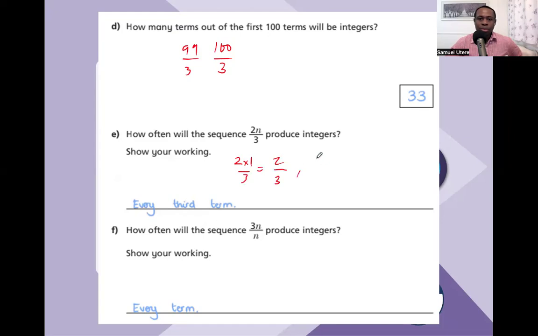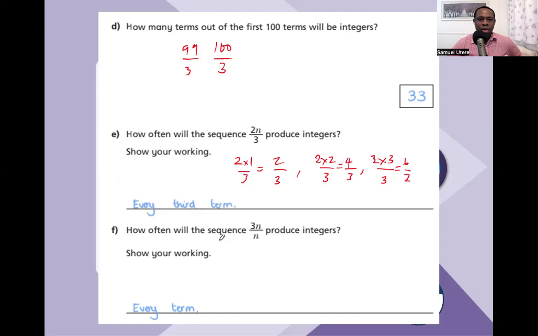The second one will be 2 times 2 divided by 3, which is 4 over 3. And the next one will be 2 times 3 divided by 3, which is 6 over 3, which is 2. So every multiple of 3, every third term will give us an integer.